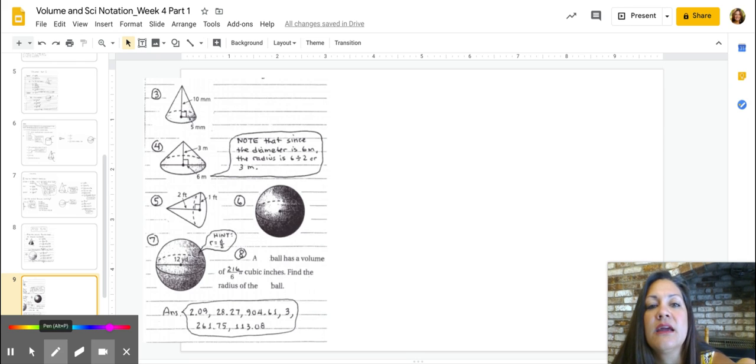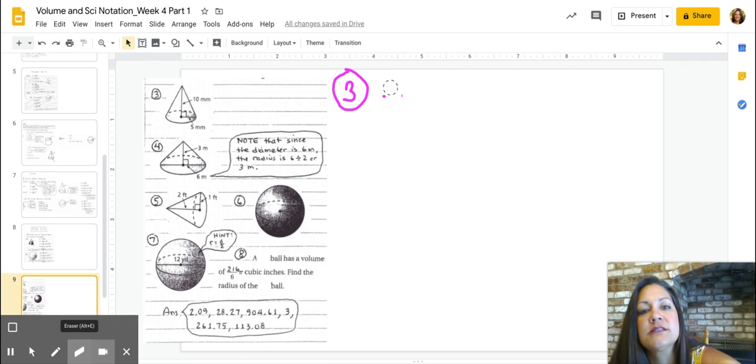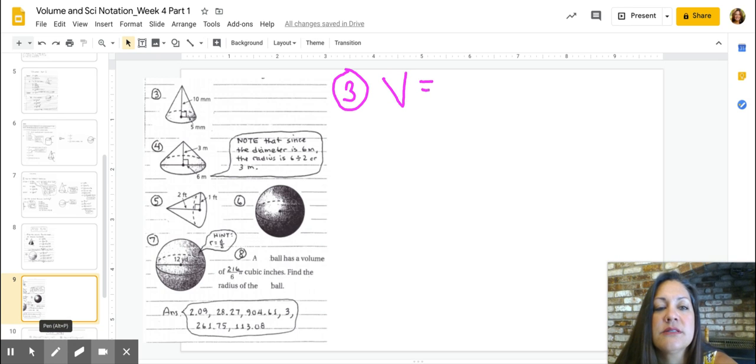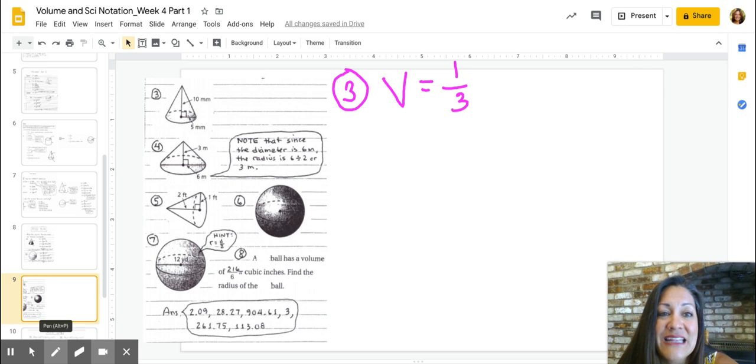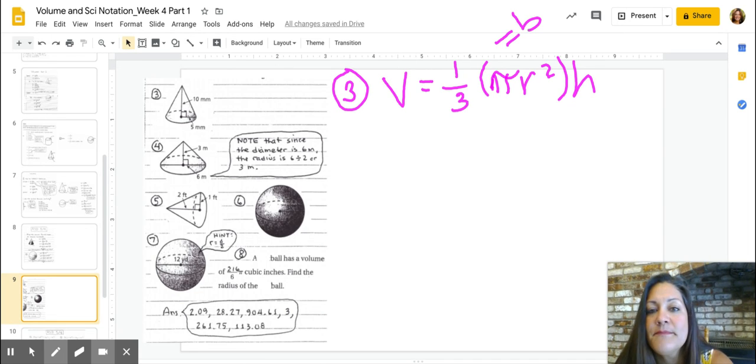Number 3. So number 3, this is a cone. So I know my formula is 1/3. Oh, I want to write volume first. Sorry. All right, volume equals 1/3 base times height. And I like to just be in the practice of knowing it's pi r squared times height. And this one here equals base right here.